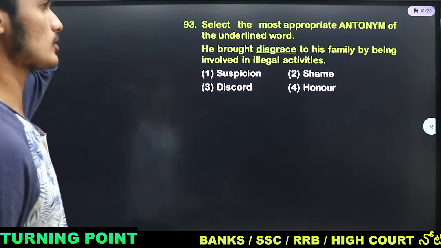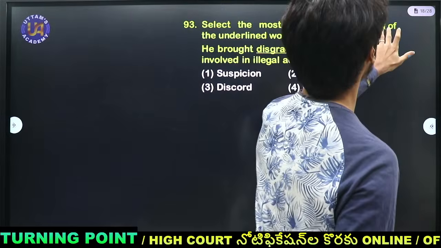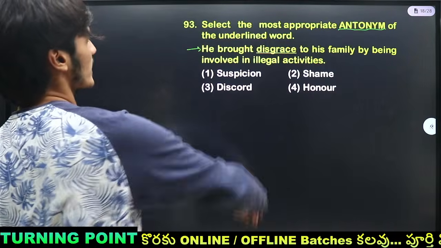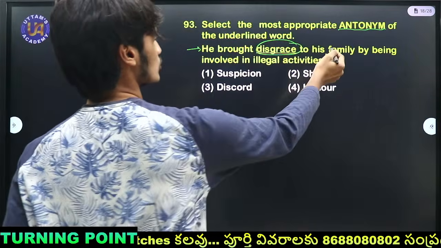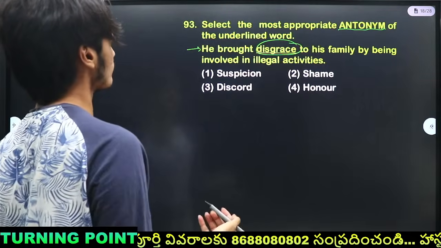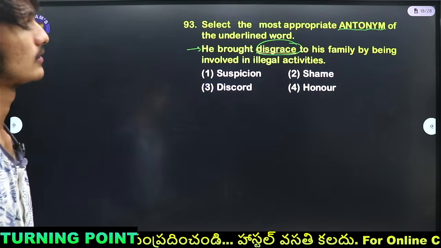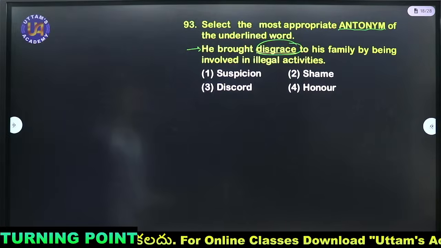Select the most appropriate antonym of the given word. Antonym in the sense opposite. And the sentence is, he brought disgrace to his family by being involved in illegal activities. So here what is the antonym of the word disgrace?